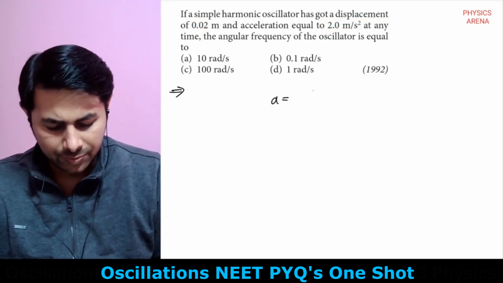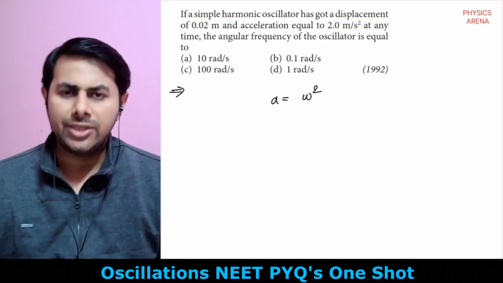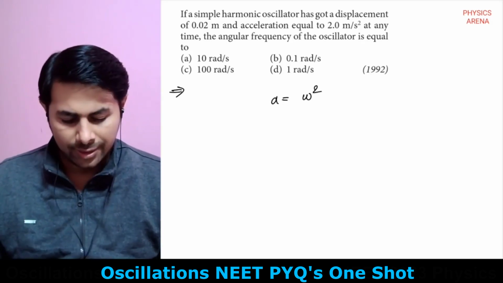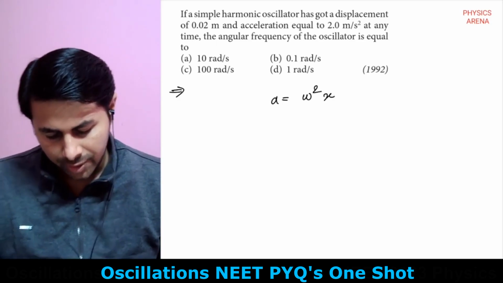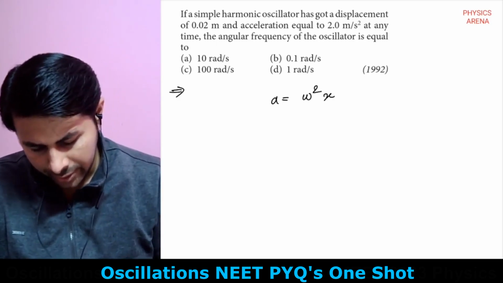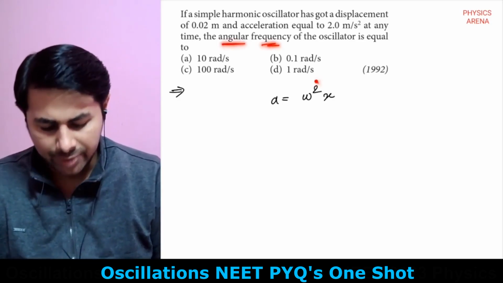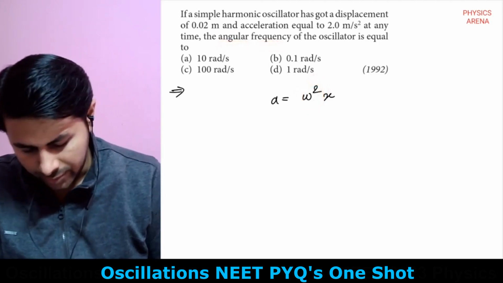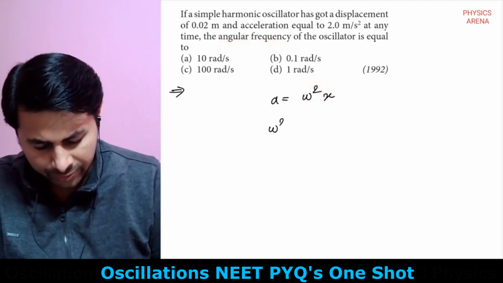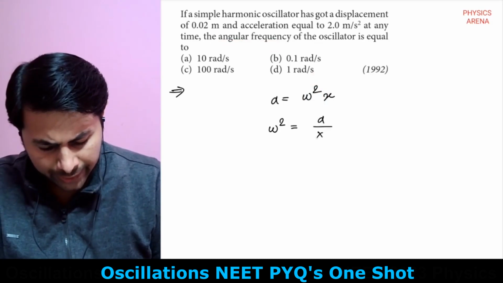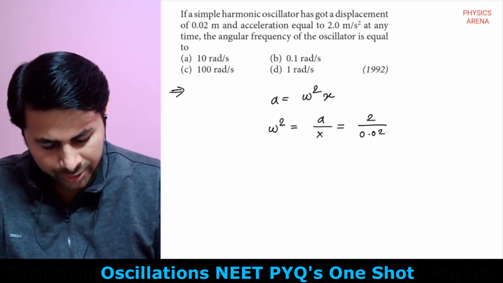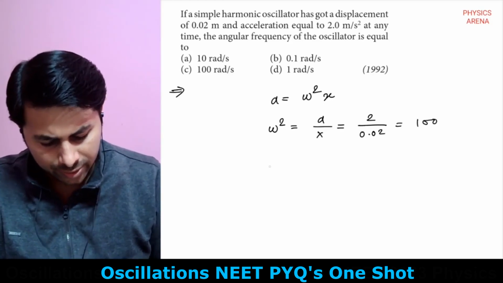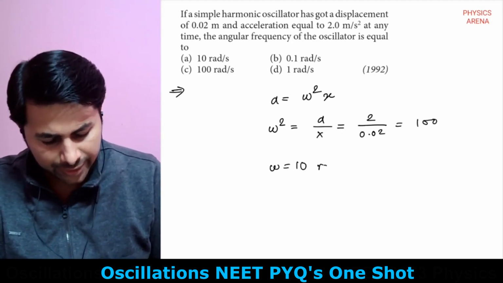If we just care about the magnitude, then a is equal to omega square x, right? We want angular frequency only, that means we want omega only. So omega square is a upon x, that is 2 divided by 0.02, that's 100. So omega is equal to 10 radians per second.